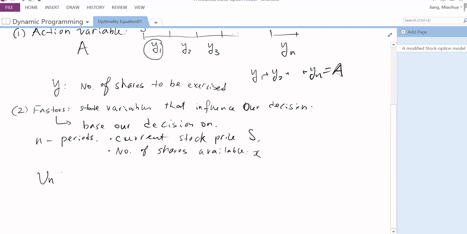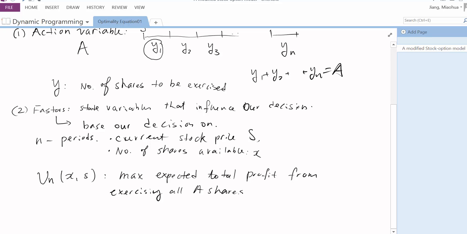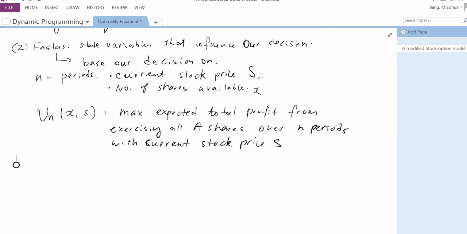We say Vn(X, S) is the maximum expected total profit from exercising all A shares over n periods, with the current stock price S. Then we can slow down a little bit and try to see what we can actually do with this Vn(X, S). This is what we want to find.